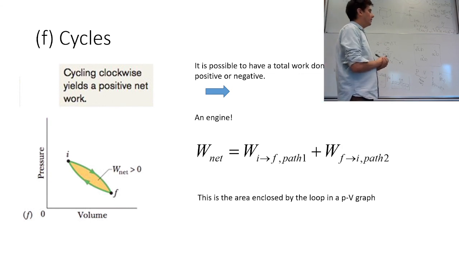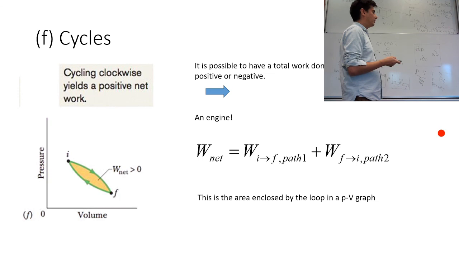So just to go through the remaining ones. For the cycles, I think I've more or less explained this already, but if you have a different path going forward or backwards, then in the forward leg it'll be a positive amount of work. So going from I to F is positive because the integral will be positive.